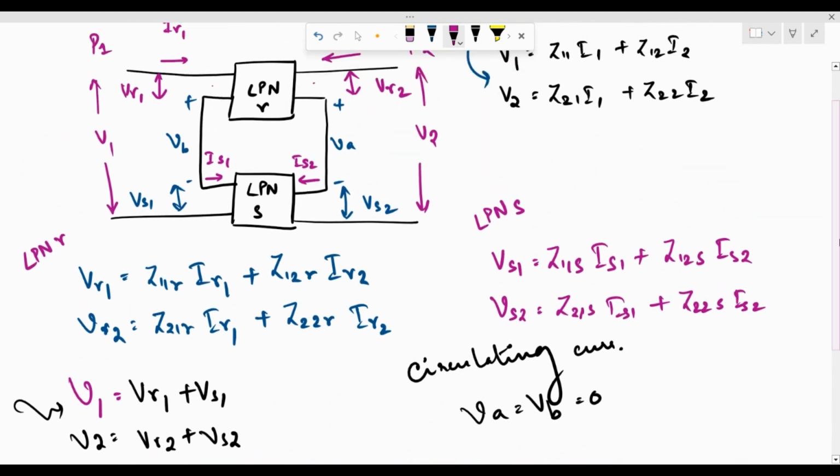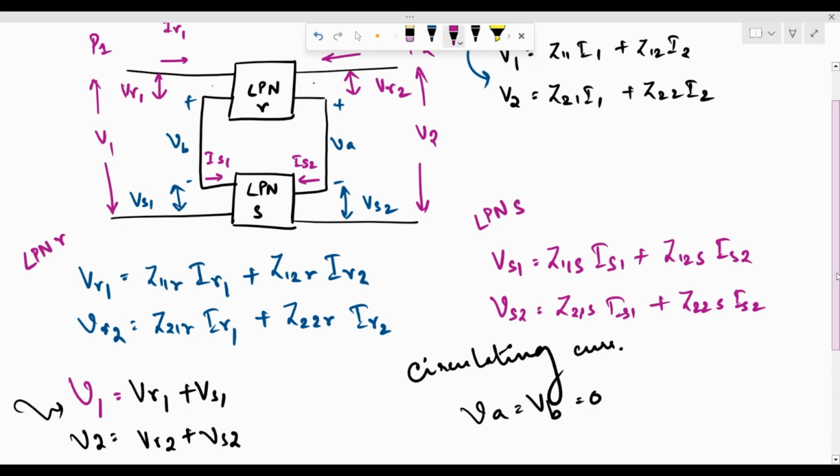That is because whatever is entering this particular network should also come out. In this case, IR1 plus IS1 is going to be the total current entering port 1, and IR2 plus IS2 is the total current entering port 2.